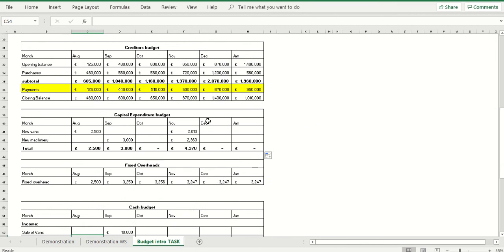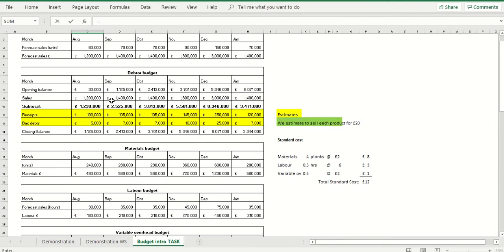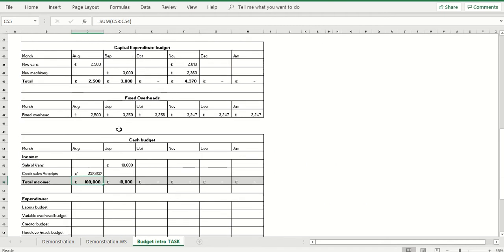Okay. So in our cash budget, I'm just going to say equal to, we expect to have received £100,000 from our customers. So I'm going to click on that cell and click enter, and I can just drag that along now. I should probably say this is calculated automatically, but let's just have a look at how you do that.